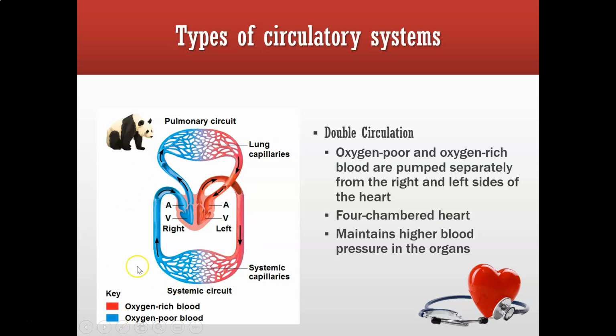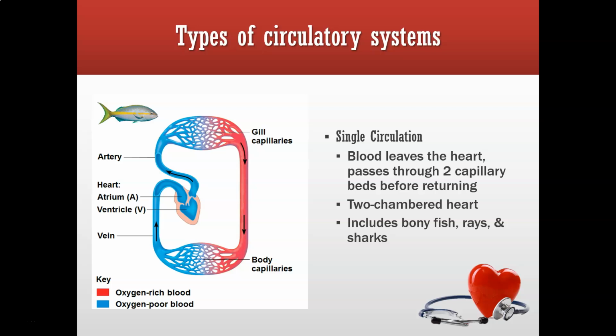This is considerably more efficient in the sense that I can maintain a much higher blood pressure once I get that blood to those organs, which means that most of these organisms are larger in scale than you would typically see with a single circuit system. And even if they're still large organisms, these guys all live in water.